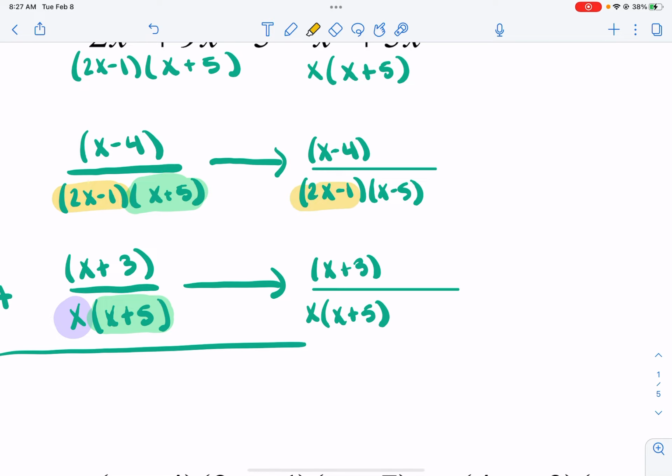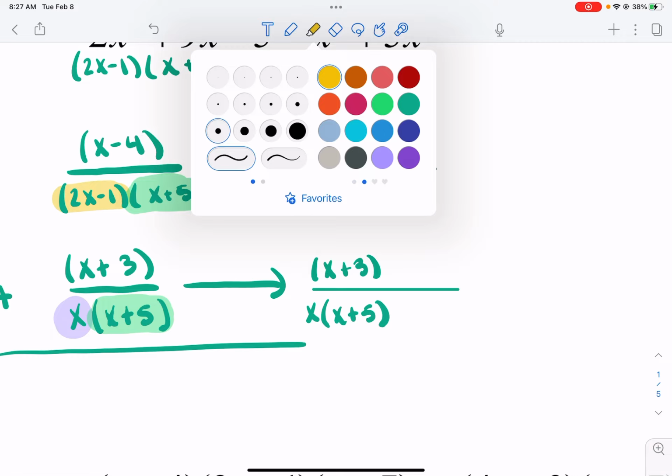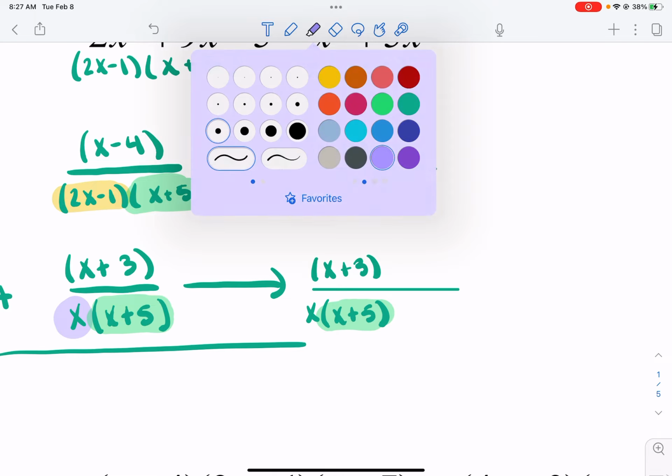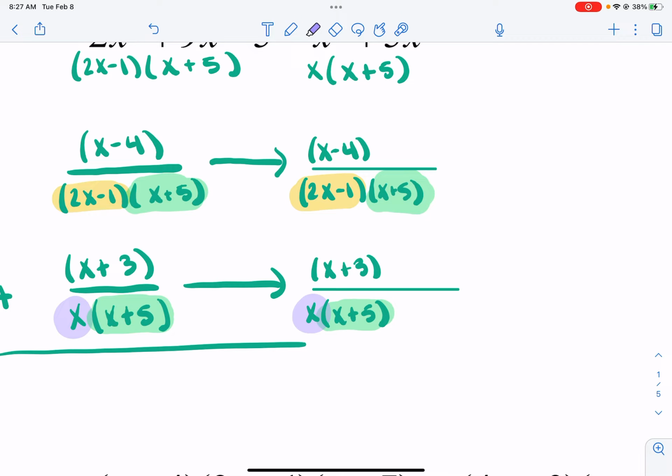We've got this yellow piece here. Okay, we have the yellow. We've got the green. Sorry, this is plus right here. And we've got the purple. Okay, so we need all of those in each spot. So that means I need to get a purple one here, as well as here.